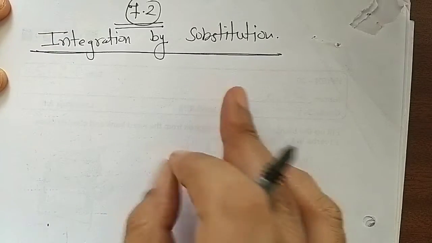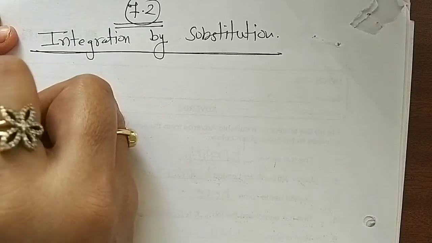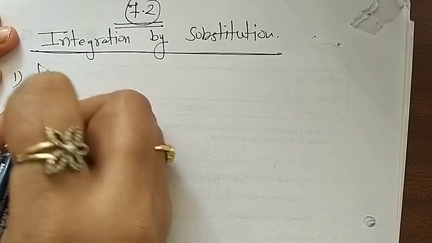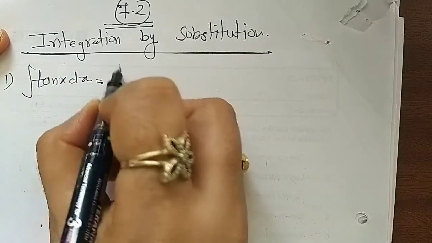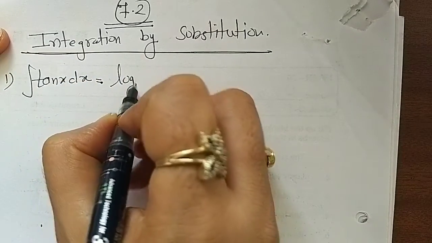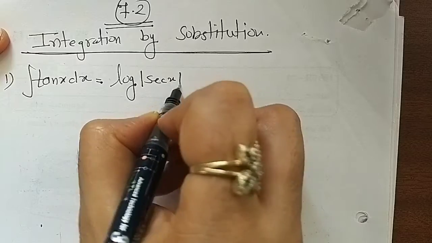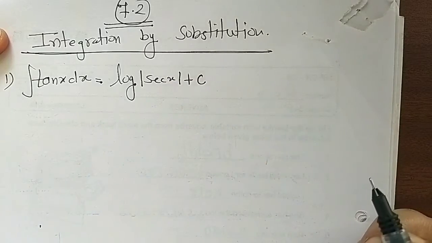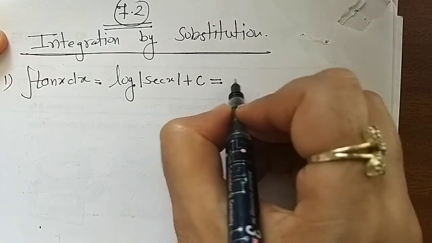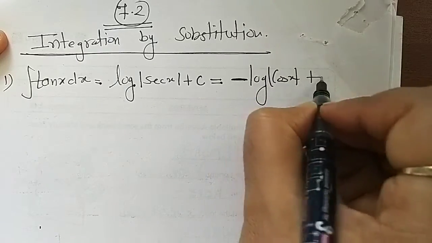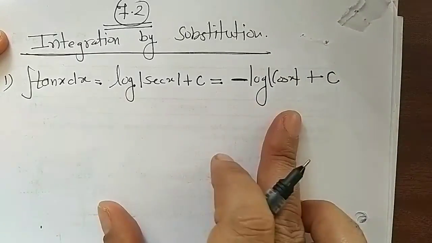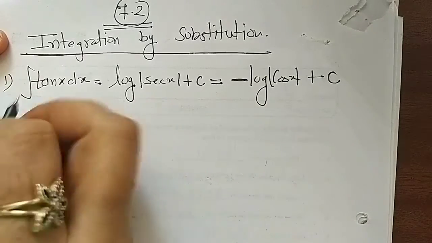So let's see. There is a set of 4 formulas that you should know, guys. Integration of tan x dx is log of sec x plus c. In some books, they have also used minus log of cos x plus c. Both are correct. I will mostly use this.